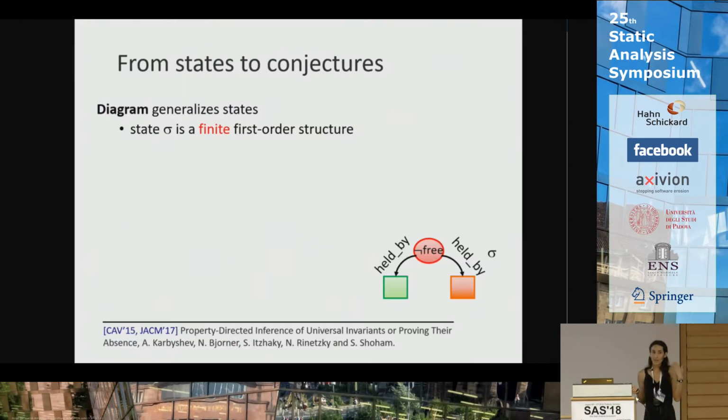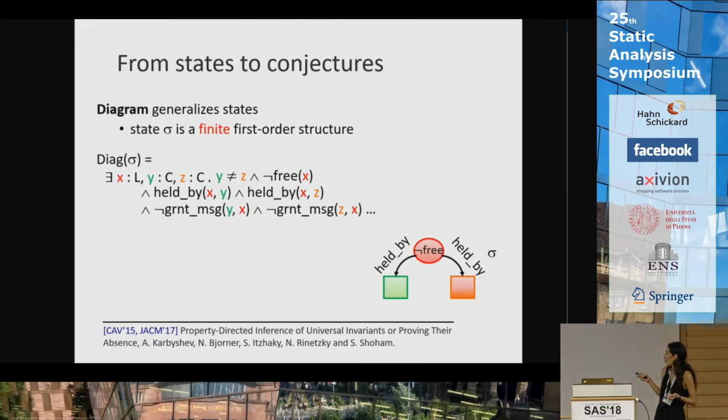There is a very natural way to do that, to look at a state and exclude it by a universally quantified formula. The way to do it is by using a model theoretical notion of a diagram. So what is a diagram? Given a finite state, for example, this state here where we have one lock element and two client elements, and these are the interpretations of the relations, the diagram is an existentially quantified formula that introduces an existential quantifier for each element in the domain.